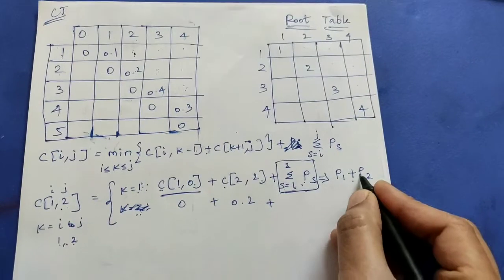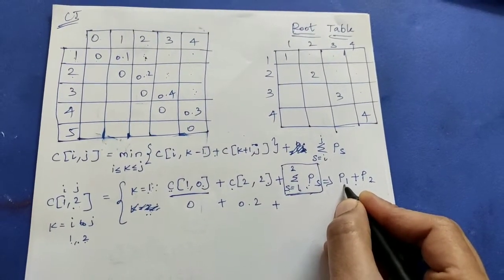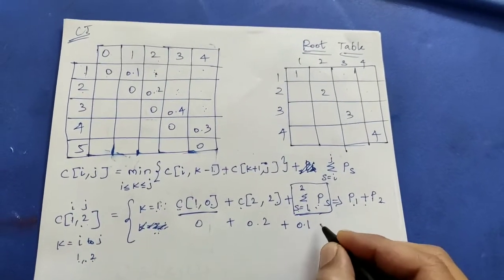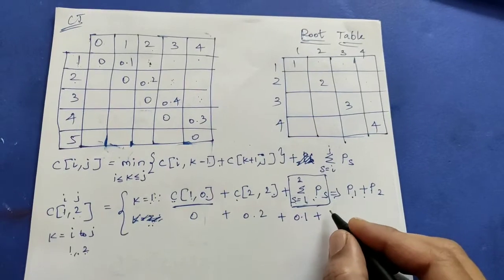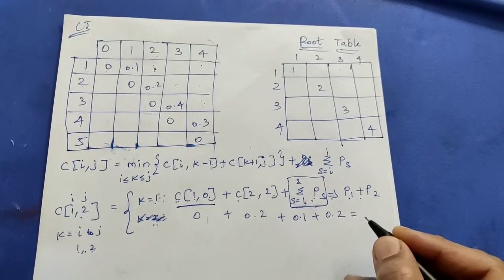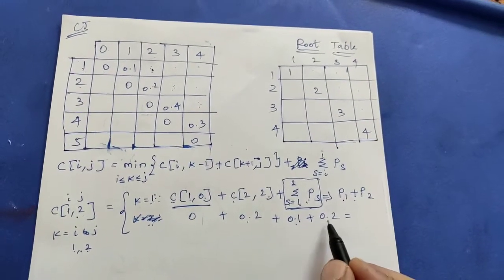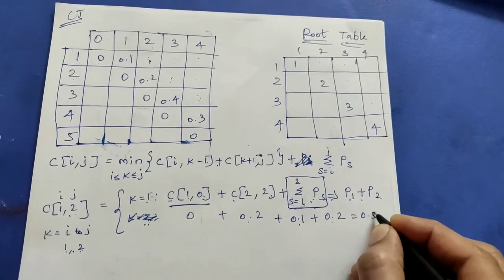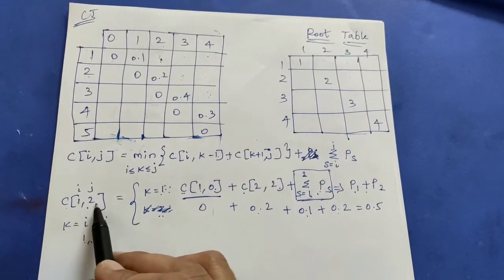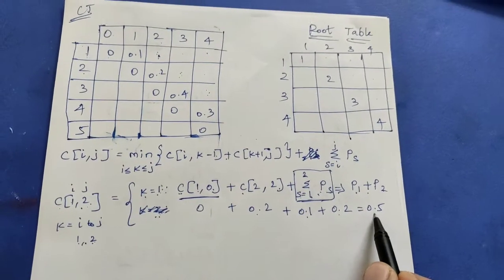Instead of the summation I have written the probability of the first item. What is the probability of the first item in the given question? It is 0.1. The probability of the second item is 0.2. So what is the total value I will be getting? 0.2 plus 0.3 is 0.5. So the value of C of 1 comma 2 when k is equal to 1 is 0.5.